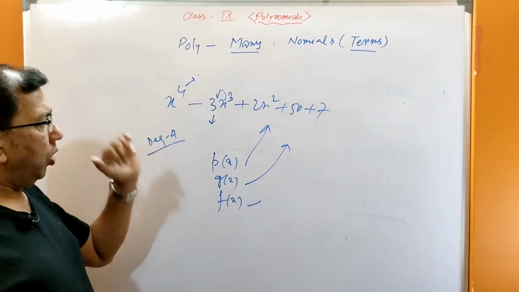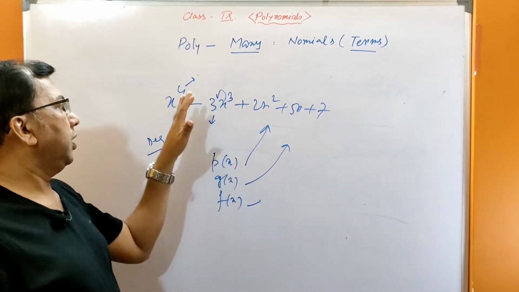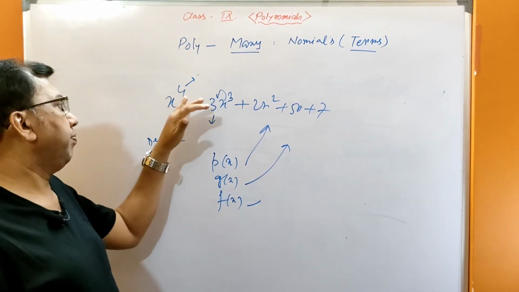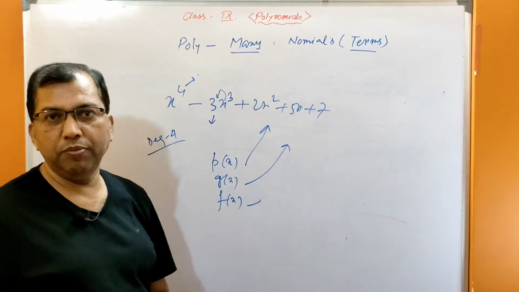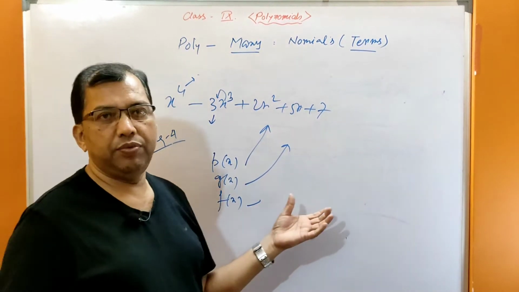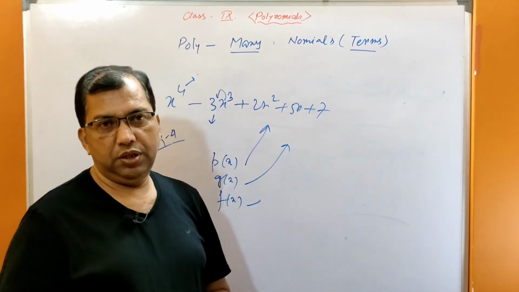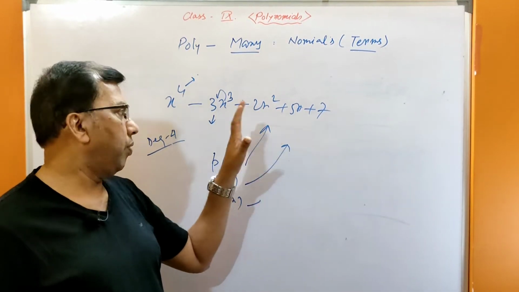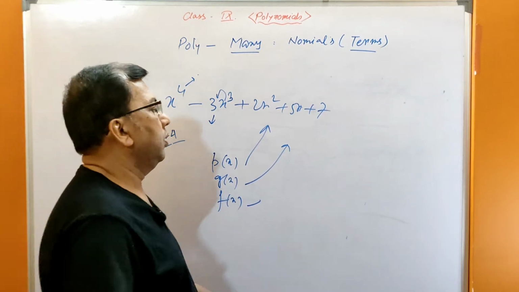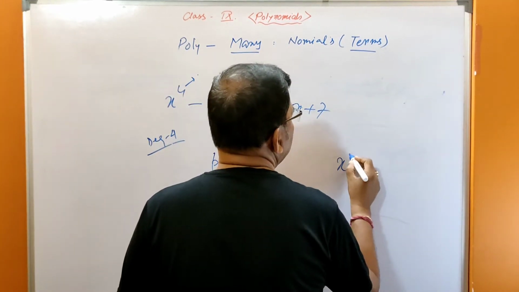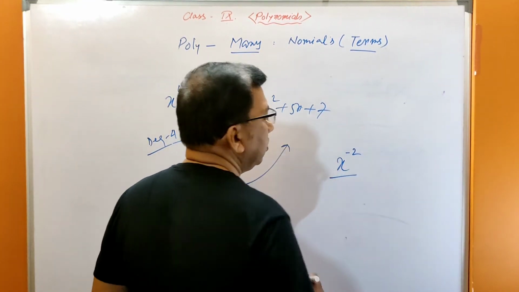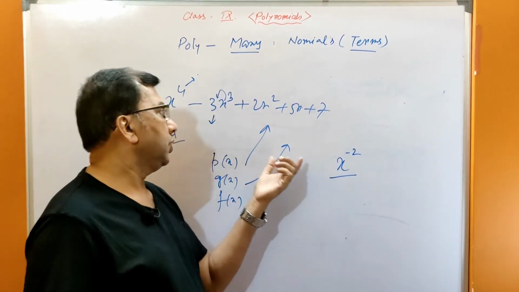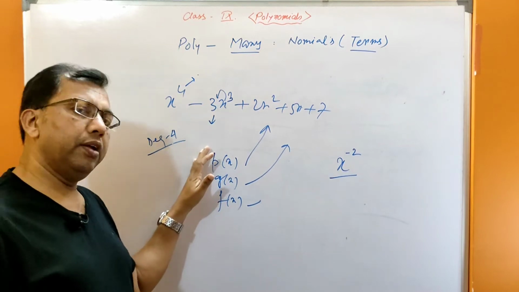And always remember, the degree of the polynomial, that is 4, 3, 2, whatever it may be, will be positive. It must be a non-negative integer, the power or degree. x to the power -2 will not be allowed, and a fraction also will not be allowed. So it will be a non-negative integer.